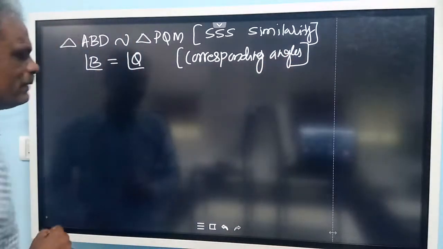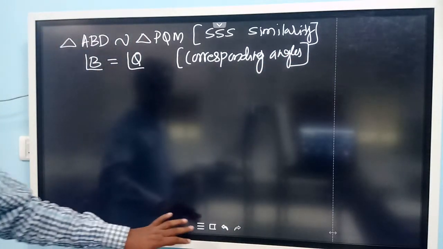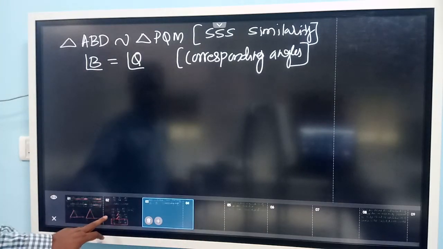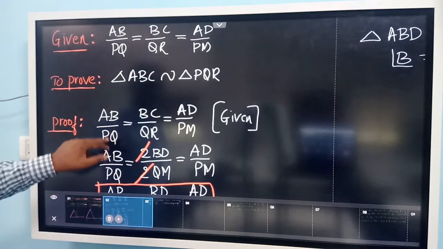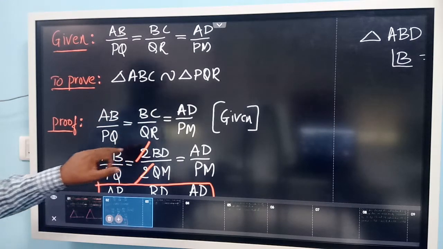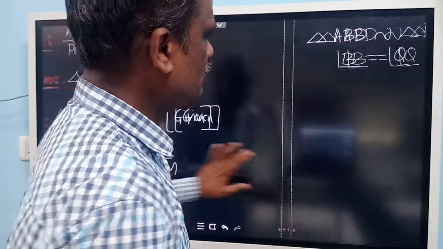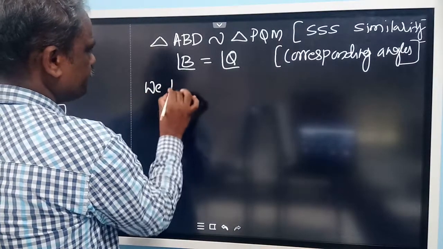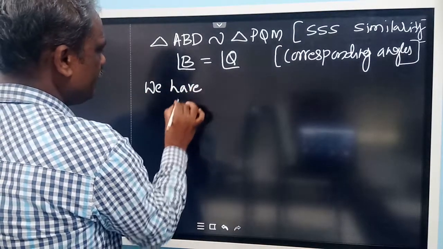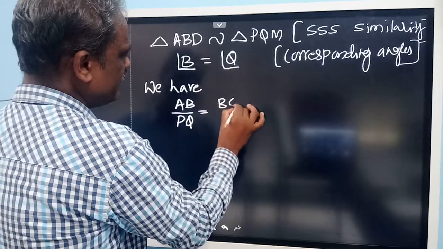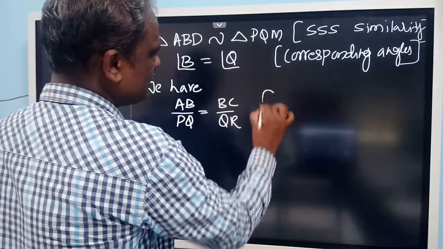Now again go back to this ratio. We have AB by PQ is equal to BC by QR. Take these two. AB by PQ is equal to BC by QR. It is given.